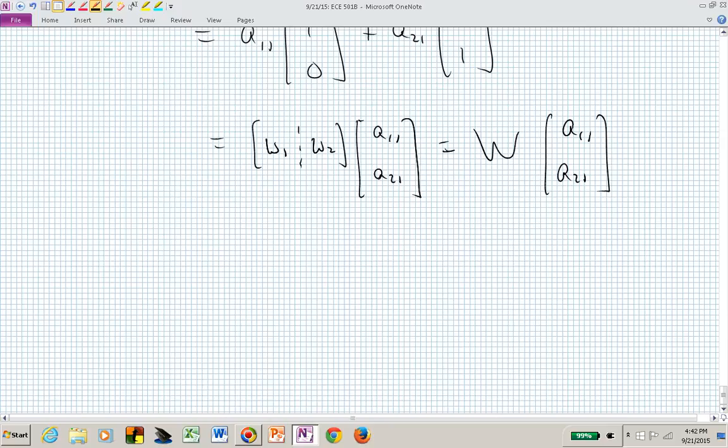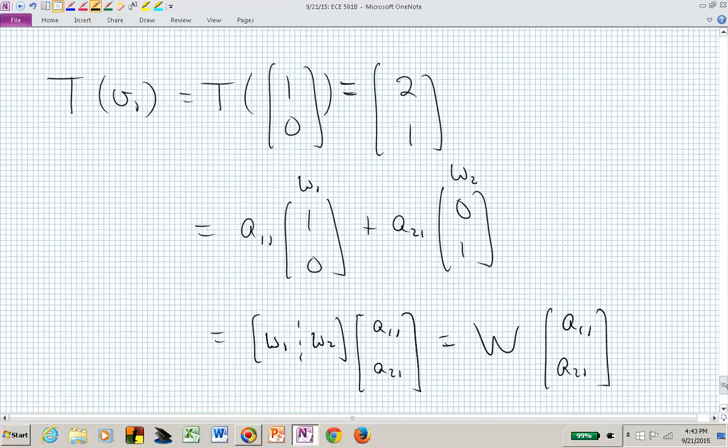And we already know what that is. That's 2, 1 from up above.